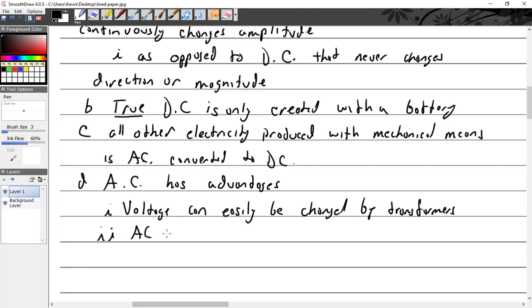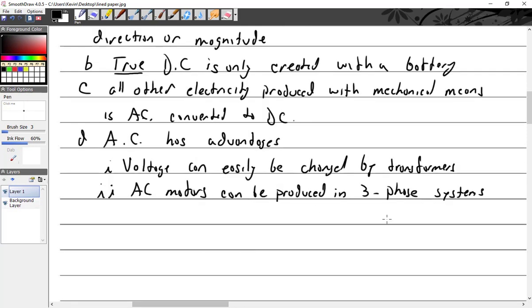AC motors can be used in three-phase systems. It's also called polyphase, meaning multiple phase.